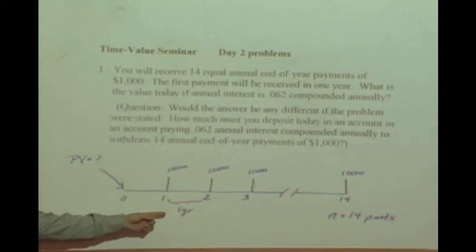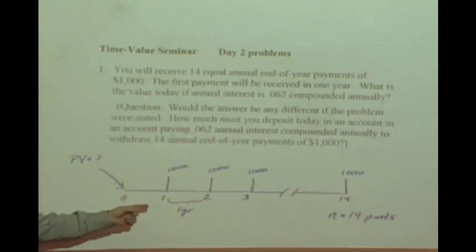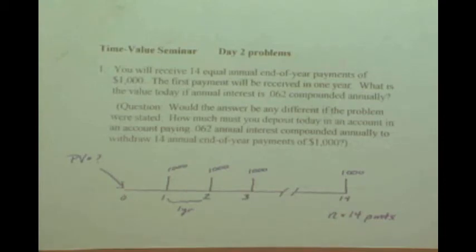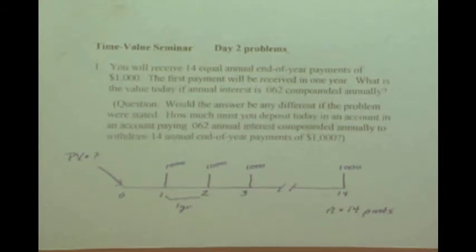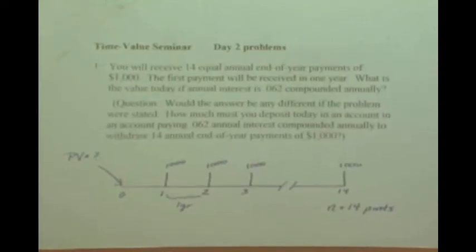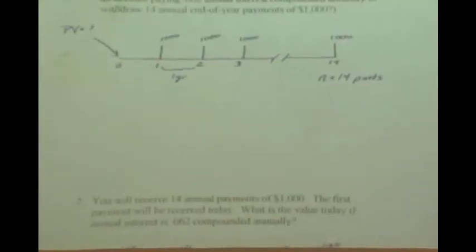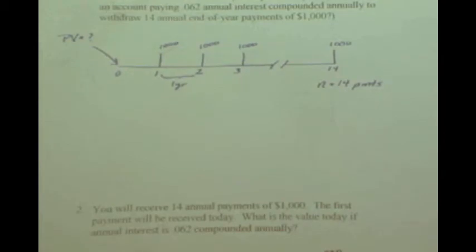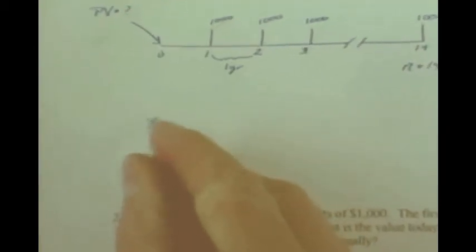There's 1 year between payments, and the interest rate is a simple rate across 1 year. It fits the payment. It fits the time between payments. So we can very quickly solve this using our present value of an annuity equation.